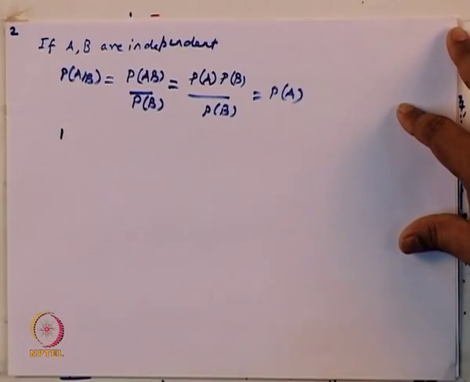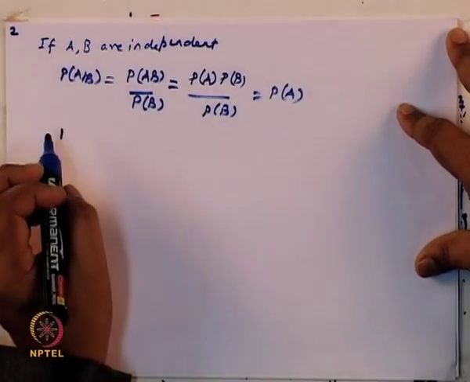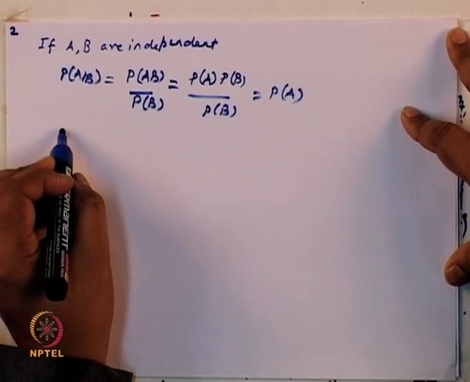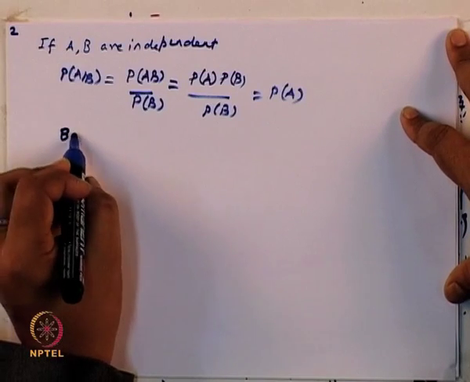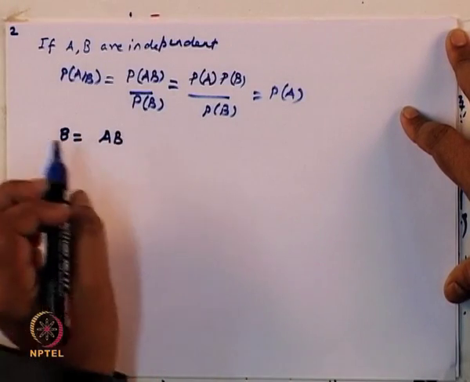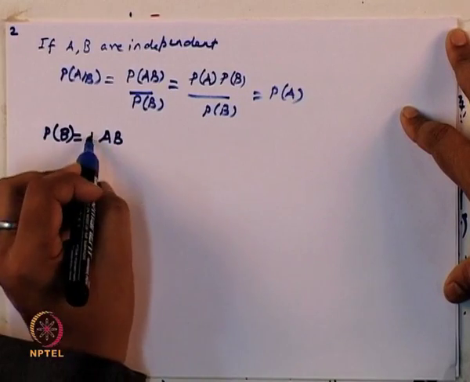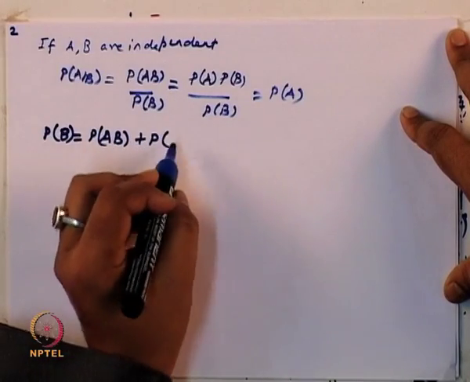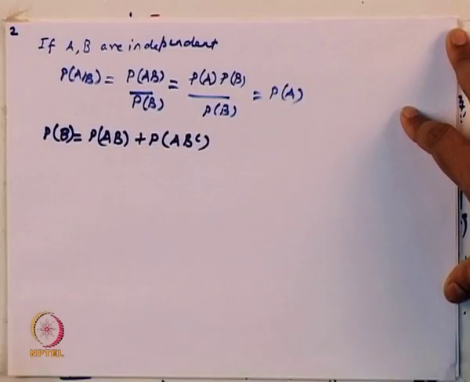One more thing. Okay. So, let us say A and B are independent. I can write B is equal to A B union A complement B. So, probability of B is equal to probability of A B plus probability of A B complement, right.